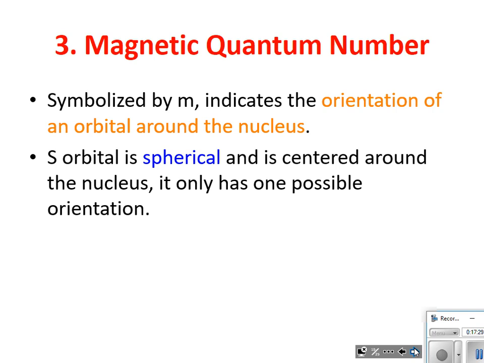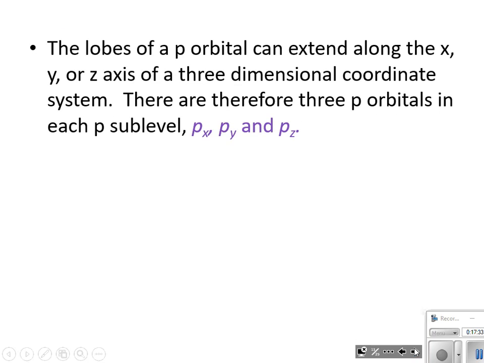I told you there are 3 p orbitals. So, if I look at those 3 p orbitals, I can say, well, they are oriented in 3 different ways. They extend along the x-axis, the y-axis, and the z-axis if we're looking at a 3-dimensional coordinate system, like a graphing system.